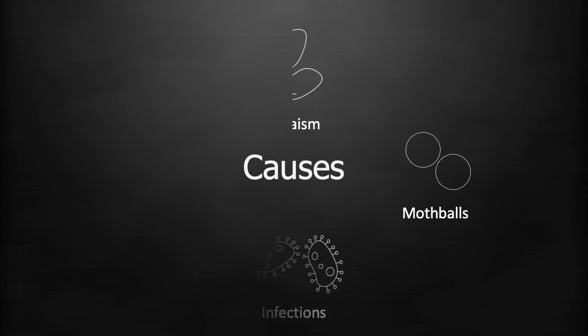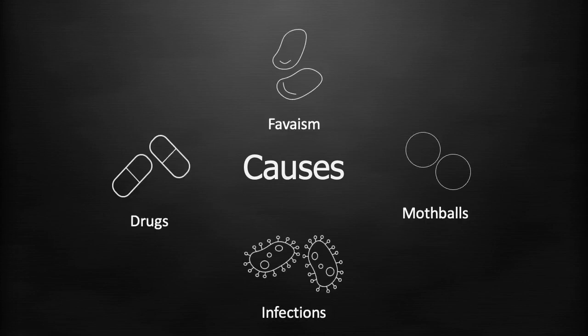A variety of infections and drugs can trigger acute hemolysis in G6PD deficient individuals. Ingestion of fava beans may trigger acute severe intravascular hemolysis, a condition known as favism. The glycosides vicine and convicine in fava beans are responsible for hemolysis.